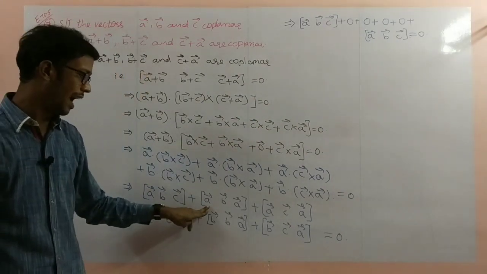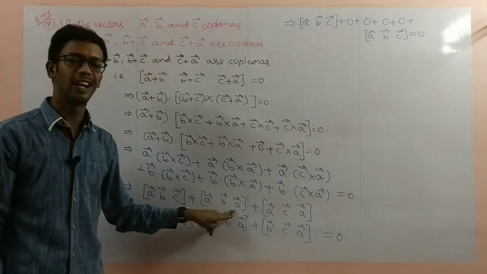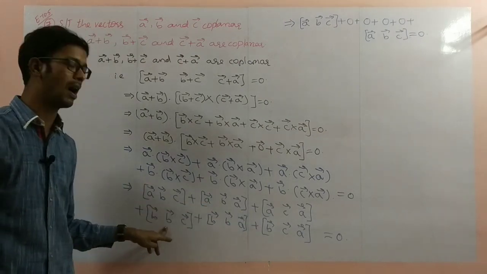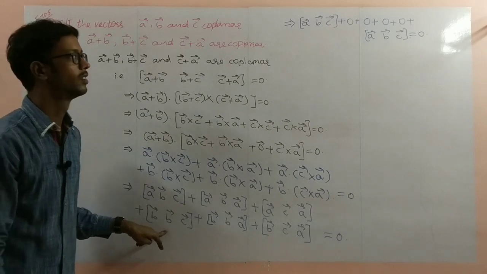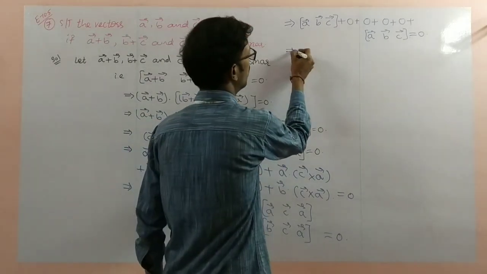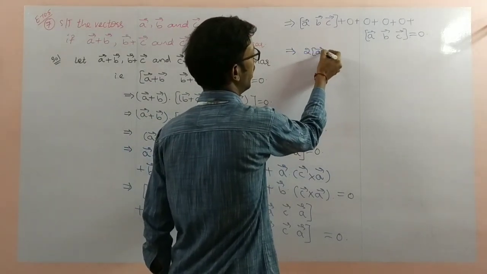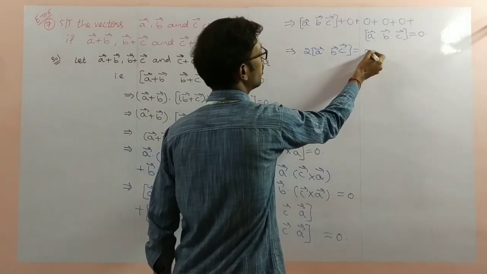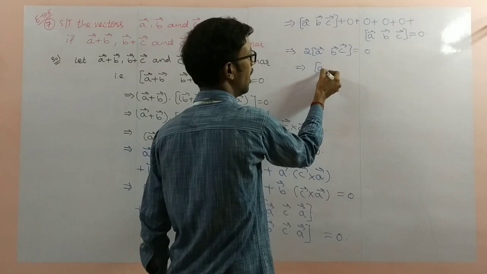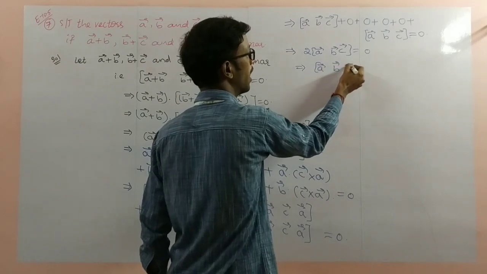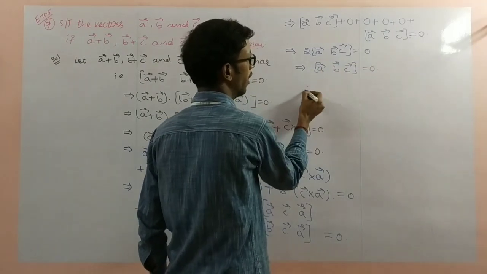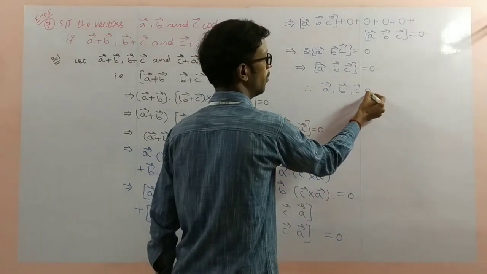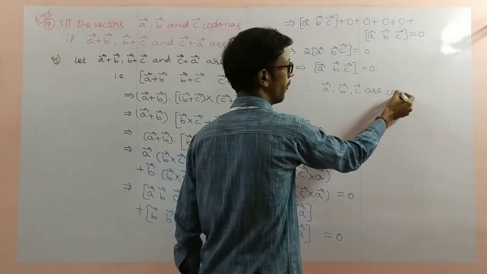And identical vectors are there inside the box, so the box should be equal to 0. This implies 2 into box of A bar B bar C bar equals 0. This implies box of A bar B bar C bar equals 0. Therefore, vectors A bar, B bar, C bar are coplanar.